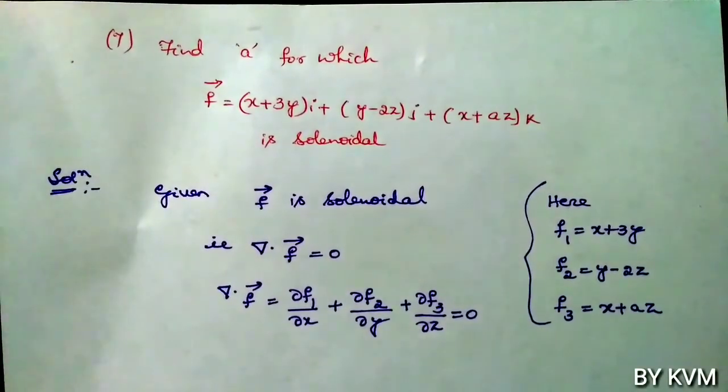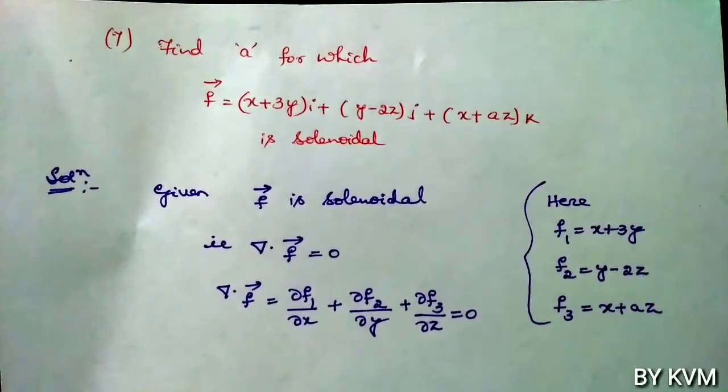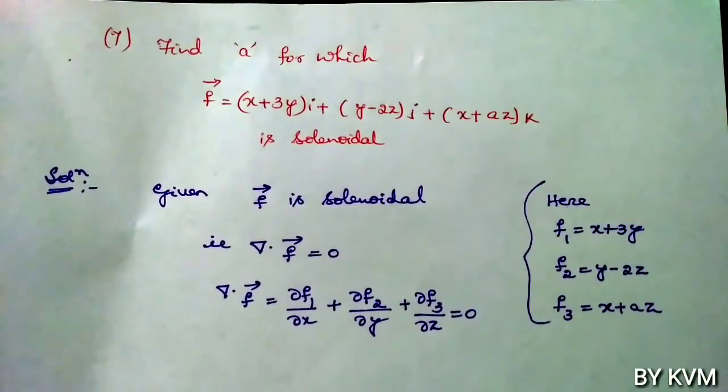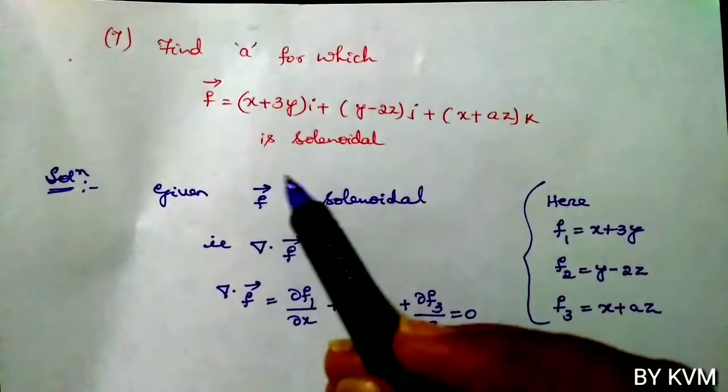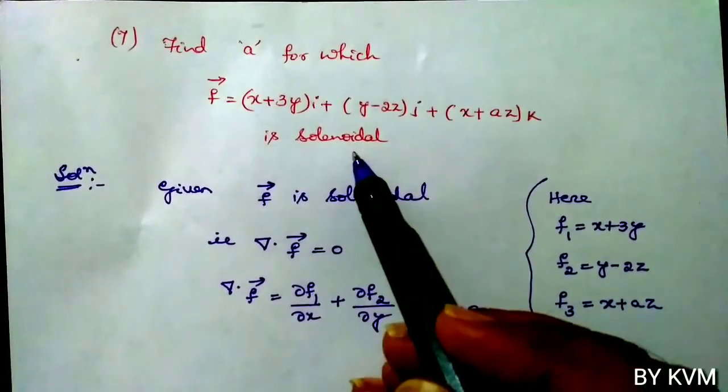Now the next problem is to find a for which vector f equals (x + 3y) i + (y − 2z) j + (x + az) k is solenoidal. So here in this problem vector f is given, and it is given that vector f is solenoidal.